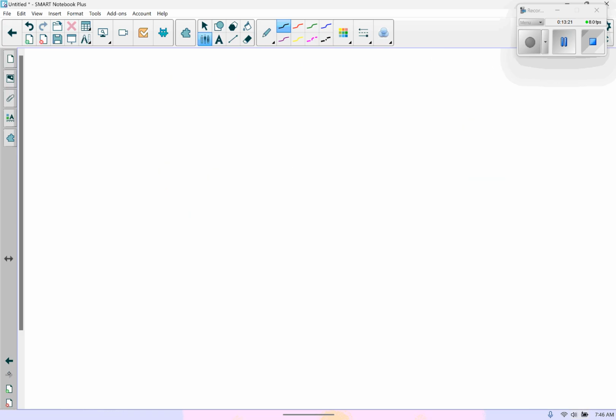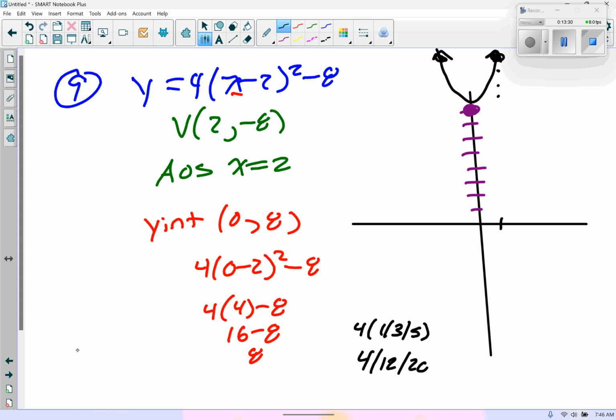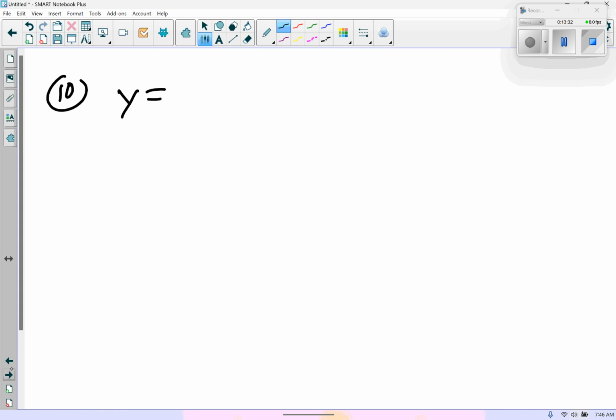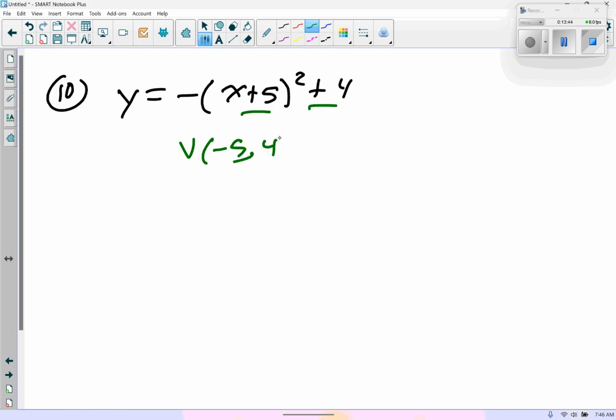And number 10, we have y equals, oh, did I find the y-intercept on the last one? I did. Okay, never mind. And then I have (x plus 5) quantity squared plus 4. So the vertex is the opposite of that, same as that.